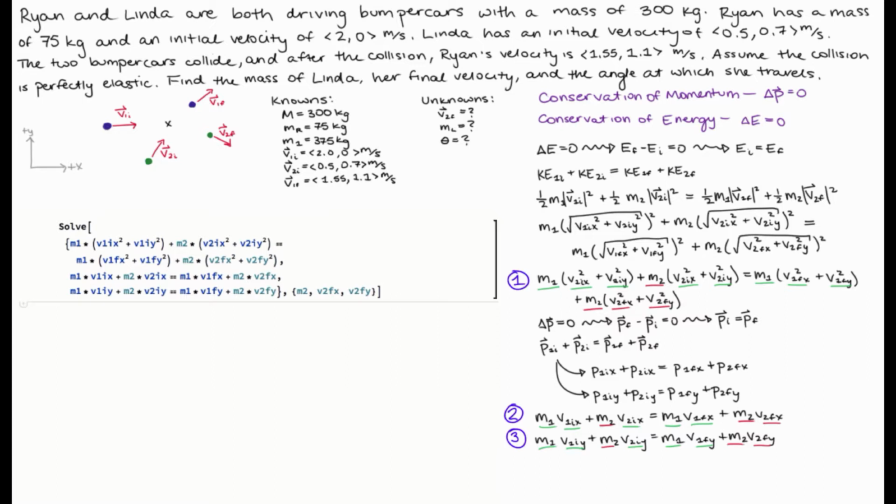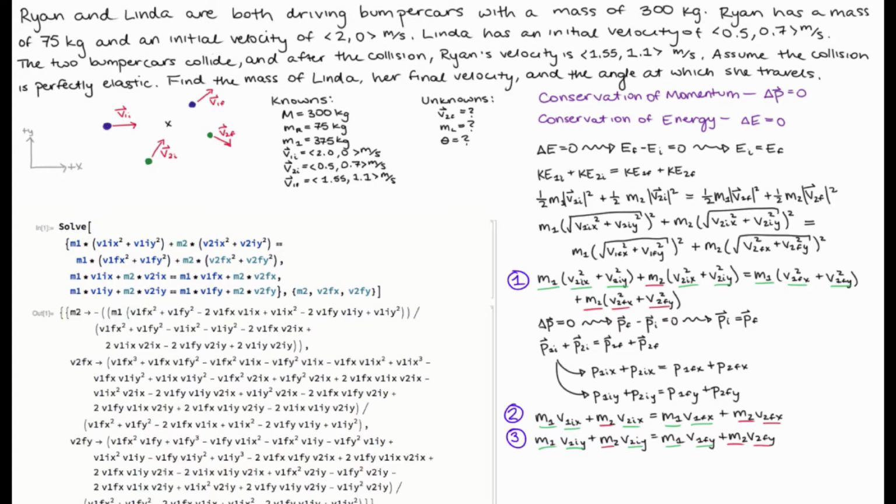Mathematica outputs a symbolic result, solving for our three unknowns in terms of our known variables. As you can see, this symbolic result is complex and unwieldy. We can get a simple numerical result by asking Mathematica to evaluate this using our numeric values for our known variables.